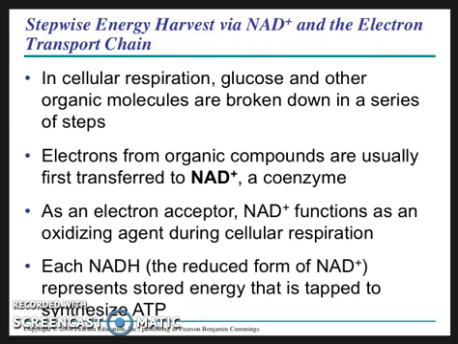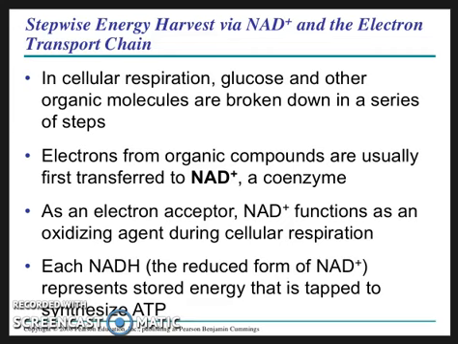So what we're going to talk about here in cellular respiration, we're going to start with that organic molecule. We're going to break it down in a series of steps. And what we're going to do through that series of steps is we're going to shuttle electrons. We're going to move them from one organic compound to another, or we're going to rearrange the bonds in order to make a different compound.